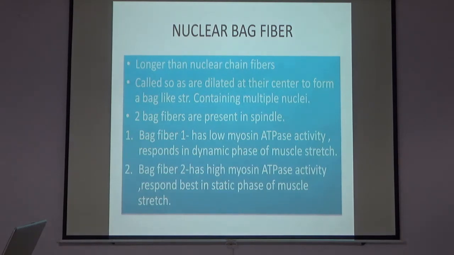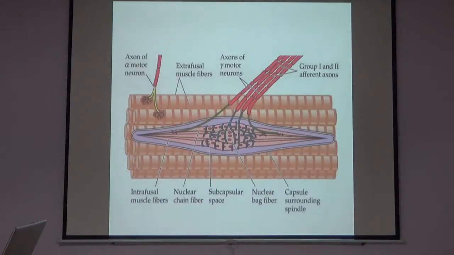You have to draw a little diagram when you are asked to describe muscle spindle. This is the diagram. It shows the nuclear bag fiber, nuclear chain fibers, and the afferent and efferent supply to the muscle spindle.